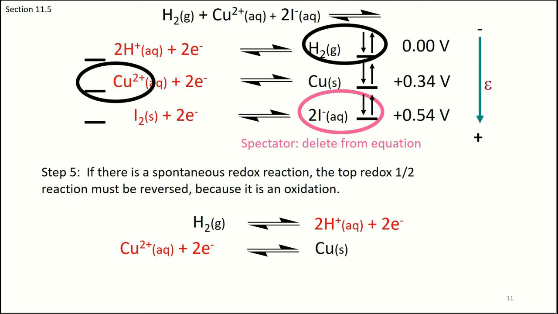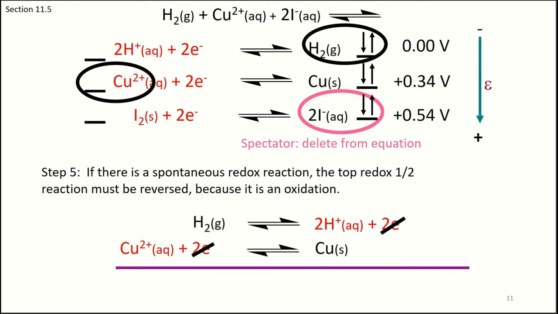Doing so, I have these two half reactions that I will be adding together. Now in this example, I see that I had 2 electrons produced in the oxidation half reaction and 2 electrons present on the reactant side for the reduction half reaction.